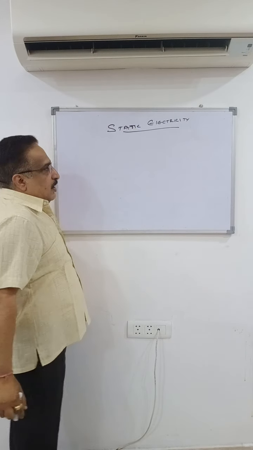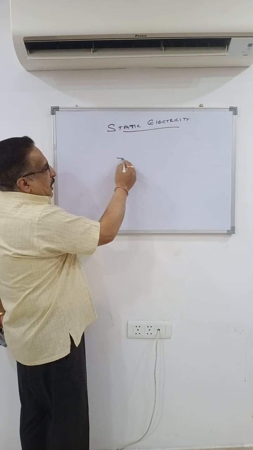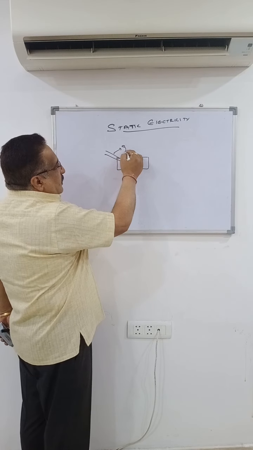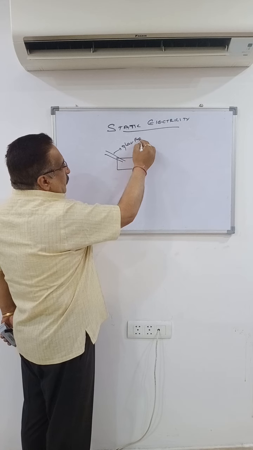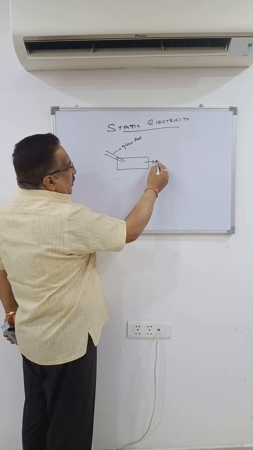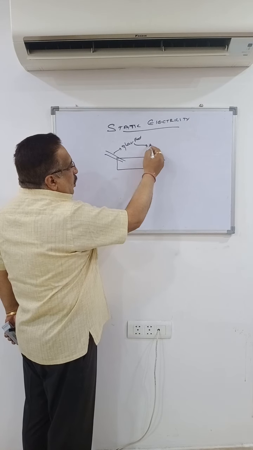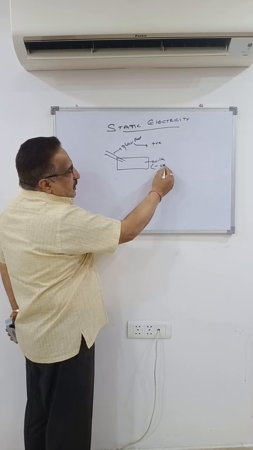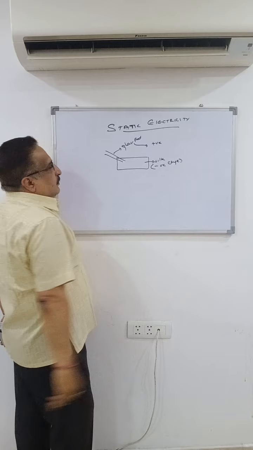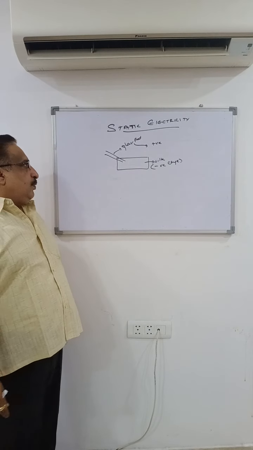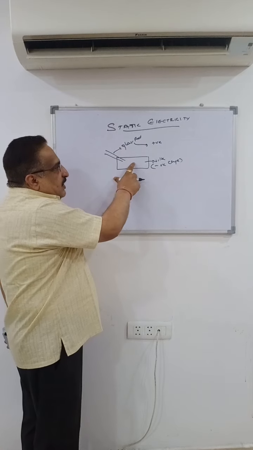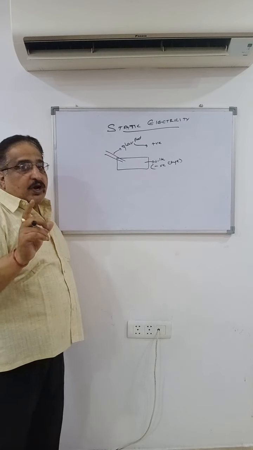Now, static electricity. For example, when you rub a glass rod with silk, the glass rod acquires a positive charge and the silk acquires a negative charge. What is it due to? This happens because when you rub a glass rod with silk, the electrons, what are electrons?